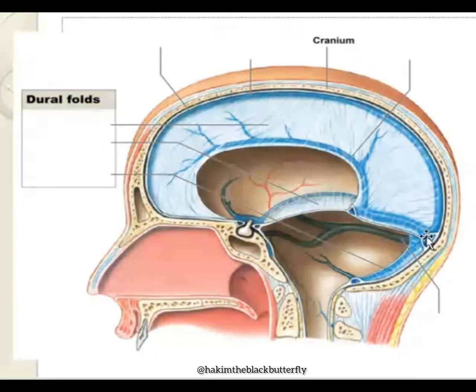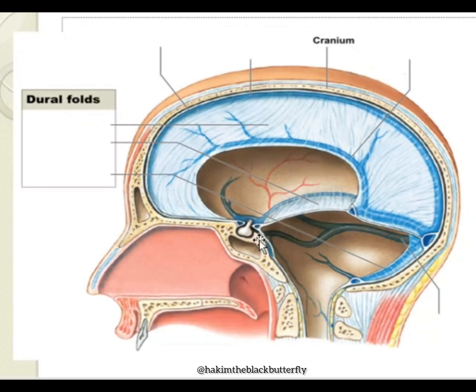This blood is taken out by the transverse sinuses, one on the right, another one on the left, because they move transversely. So these transverse sinuses will take that blood away from the confluence of sinuses. They will form what you call a sigmoid sinus, which is this curve, and then this sigmoid sinus will take that blood to the internal jugular vein.